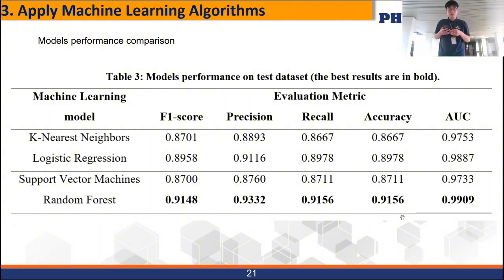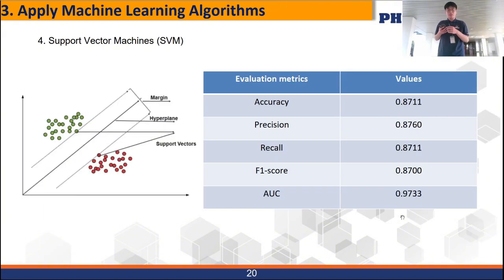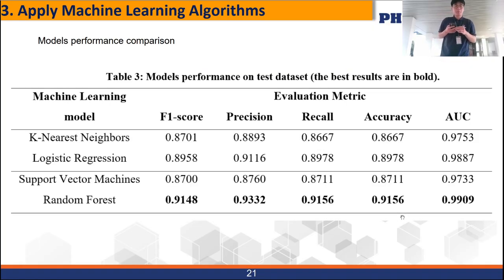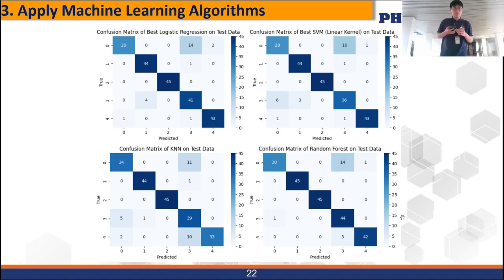This is the result of the model, and we compare the 4 models. Random forest is the highest, and next to it is logistic regression. This is the confusion matrix of the 4 models.